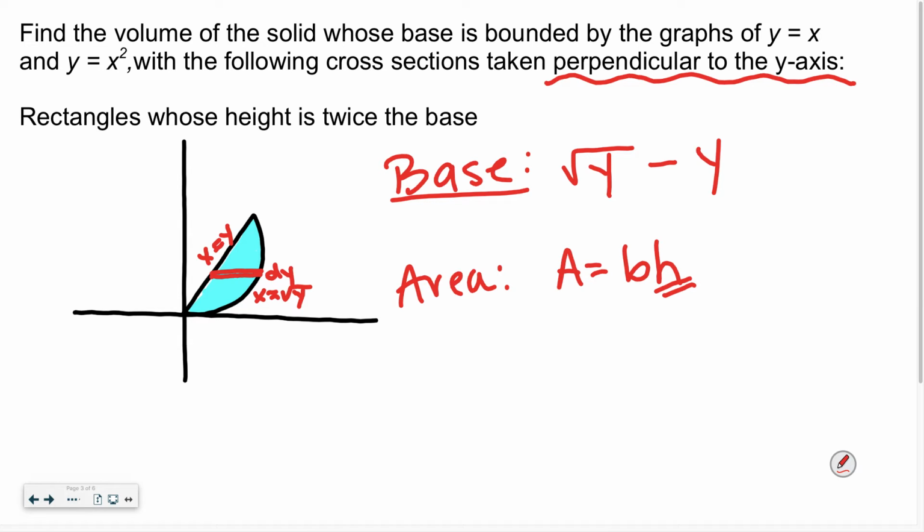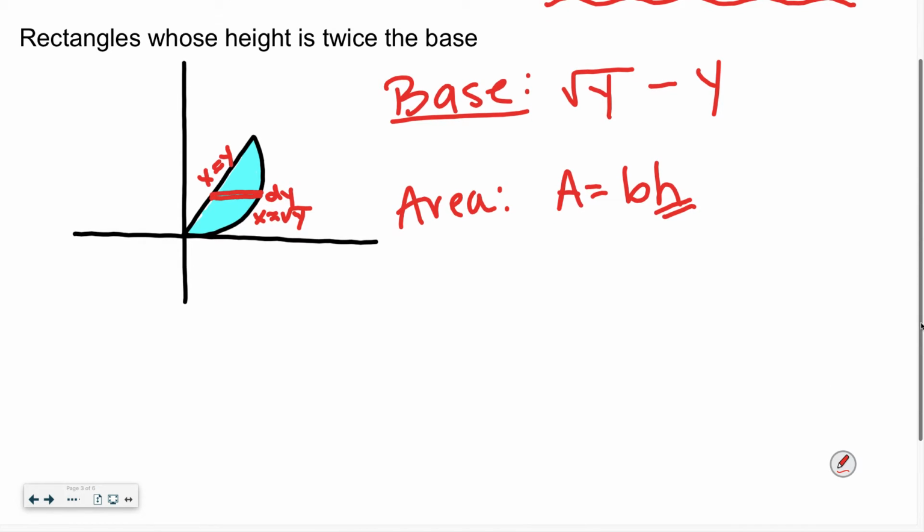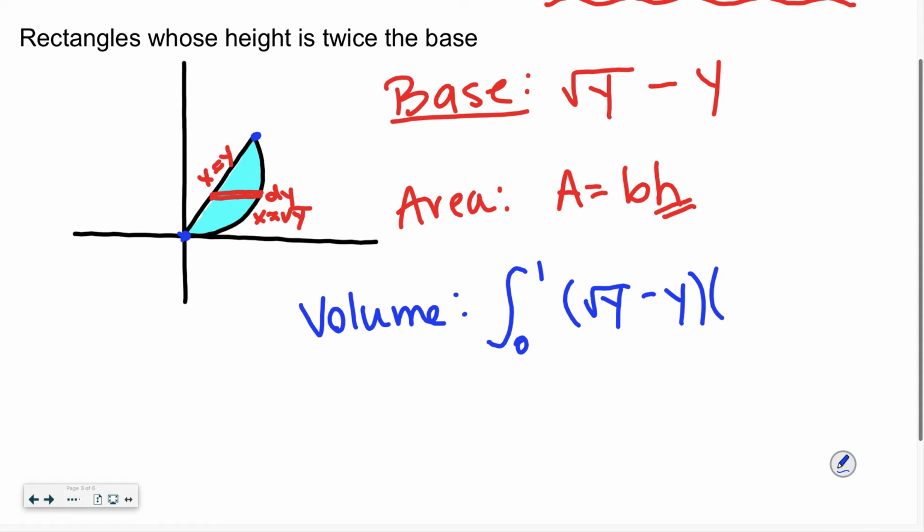But we do know something about the height of our rectangle. So you can do one of two things. You can go to your volume and say, well, what are our intersections? 0 and 1. They were so trivial I didn't even talk about them. So the area would be the base times the height. Well, it says that our height is 2 times whatever the base was.